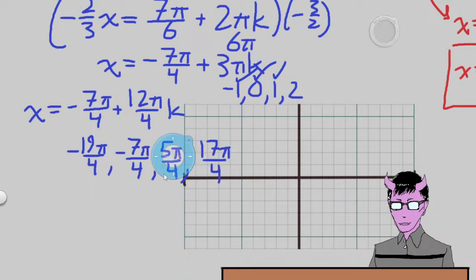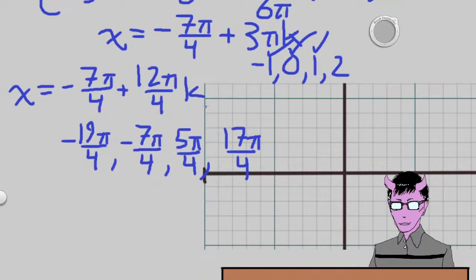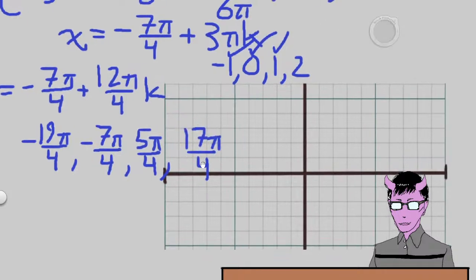Alright. You could technically just get the answers by taking this 12 here and just adding it to the top. So negative 19 plus 12 gets us to negative 7. And then you add another 12 to this one to get to here. And then you add another 12 to take us to the next one.